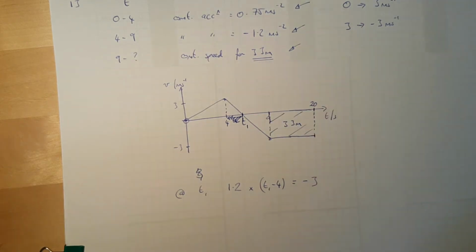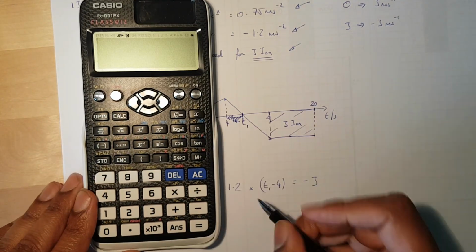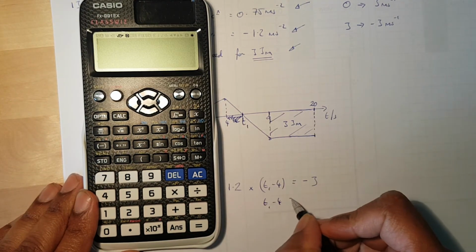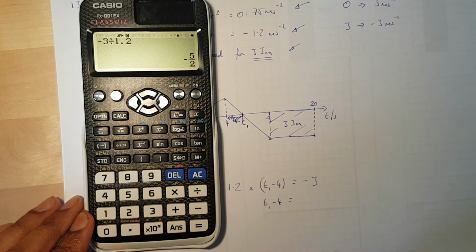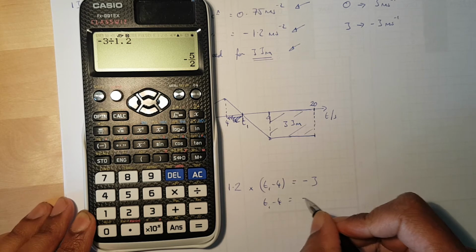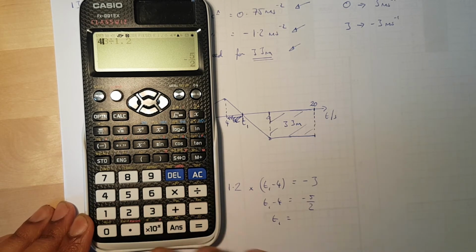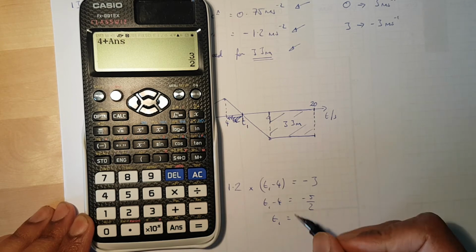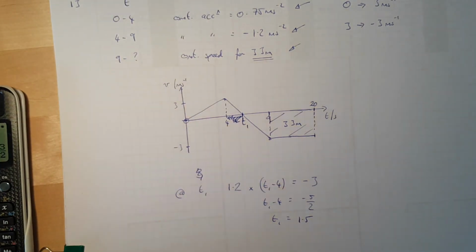I can then solve for T1: T1 minus 4 is -3 divided by 1.2, which gives me -5/2. So T1 is 4 plus that value, which is 1.5, which gives me a nonsense answer because it must be greater than 4, obviously.